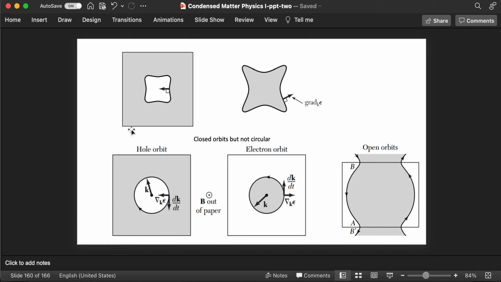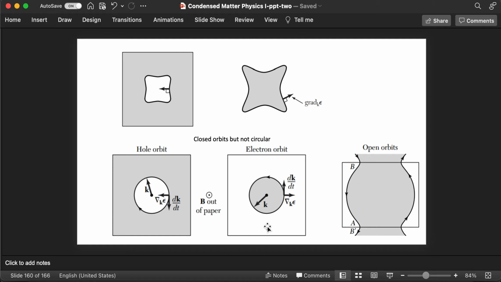So for these two, instead of drawing this difficult orbit of an electron, if I just draw simple circular orbits, you can see here this is the dk by dt, and this is the gradient pointing outside, and this would be the electron orbit. This is how the electron orbits in this case, and this is how the electron orbits in this case.